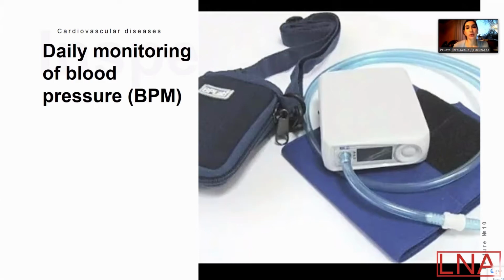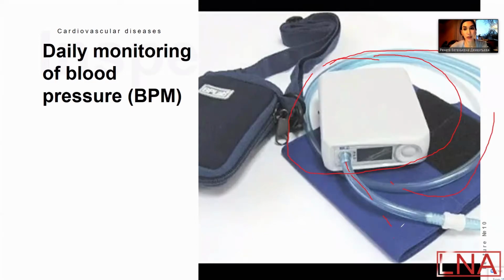This is a photo of devices for BP monitoring. These devices have a main block with the main computer system. This tube is for contact with the cuff for measuring blood pressure.